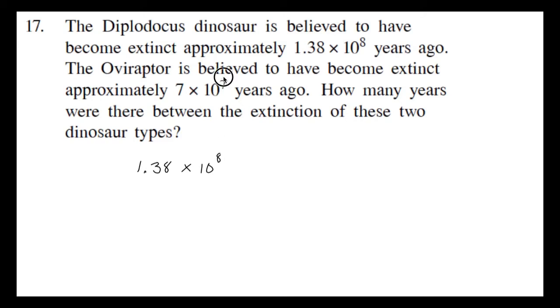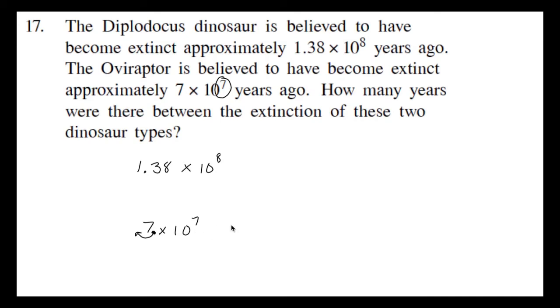I mean, it doesn't have the same power. So we need to make that an 8. Remember, we're always going to make the small one a larger one. So if I have 7 times 10 to the 7th, I need to go farther away. So if here's my decimal, I have to move this decimal farther away. When I move it farther away, this 10 to the 7th becomes 10 to the 8th.